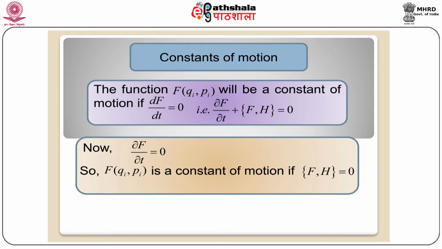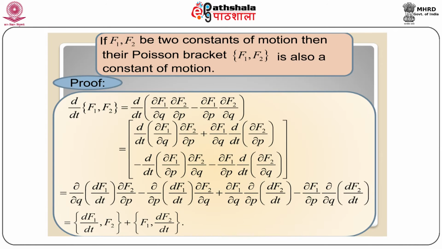Let us check the other constants of motion. We shall use the result that if capital F1 and capital F2 are two constants of motion, then their Poisson bracket of capital F1 with capital F2 is also a constant of motion.